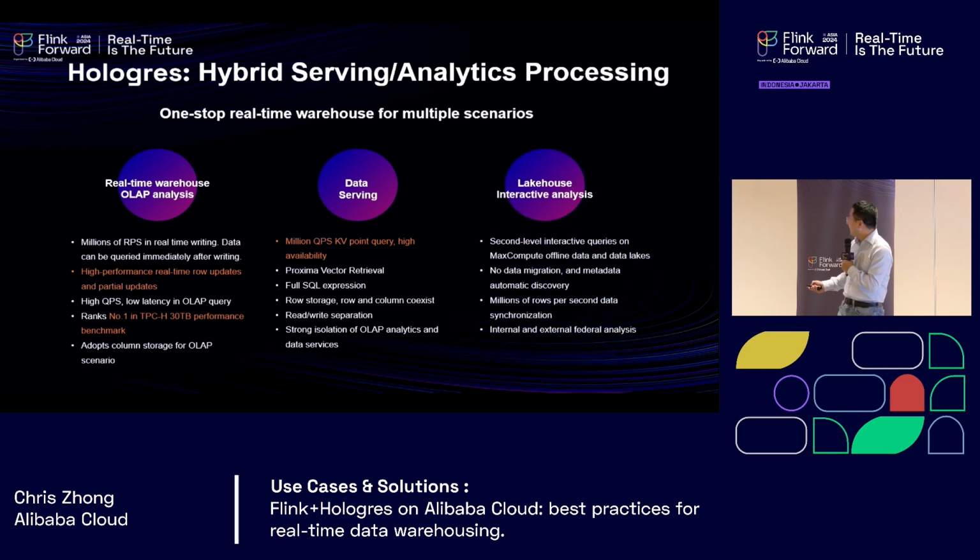Next is the lakehouse. With Hologres, we can provide query acceleration on the lakehouse. The lakehouse includes the Alibaba Cloud native data warehouse MaxCompute and also lake storage like OSS. With the Hologres lakehouse capability, there is no data movement from the batch warehouse or the lake storage to Hologres.